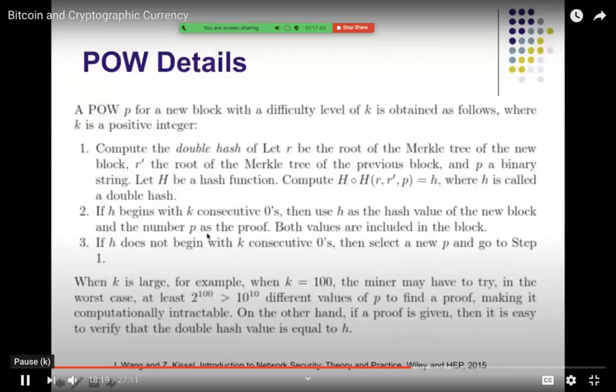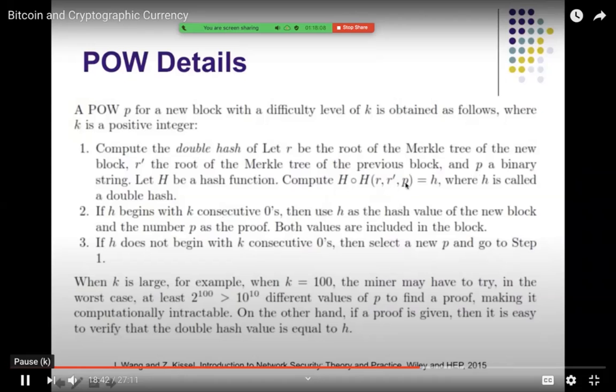All right. So if H begins with K consecutive zeros, which of course is not easy to get, then use H as the hash value of the new block and the number P as the proof. Only in this case is the binary string P a proof.